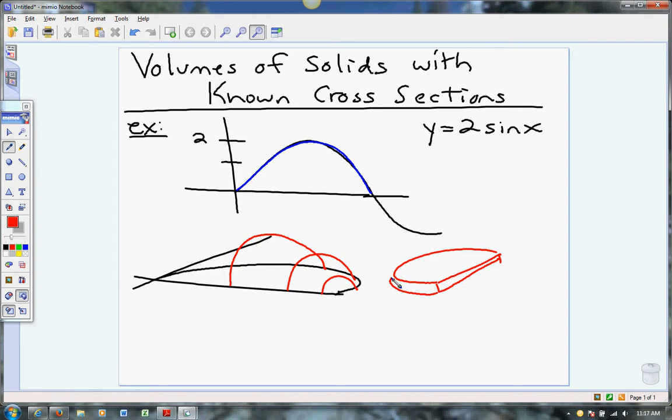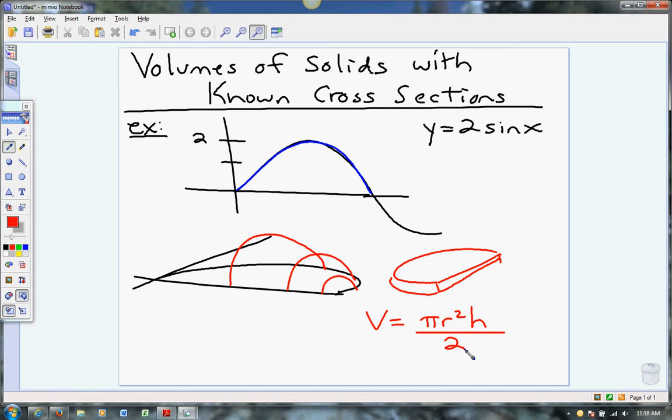So if I wanted to find the volume of that little half cylinder, we still use the same formula. It's still pi r squared h, but I'm going to need to divide it by 2 or multiply it by 1/2, whichever way you think of it.